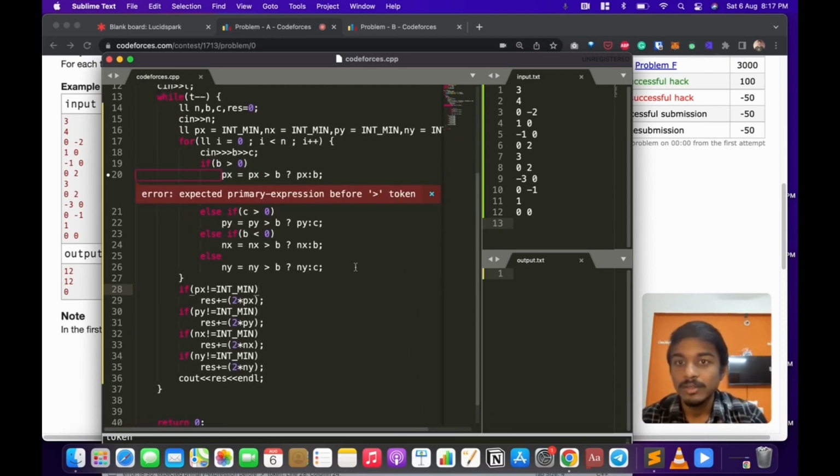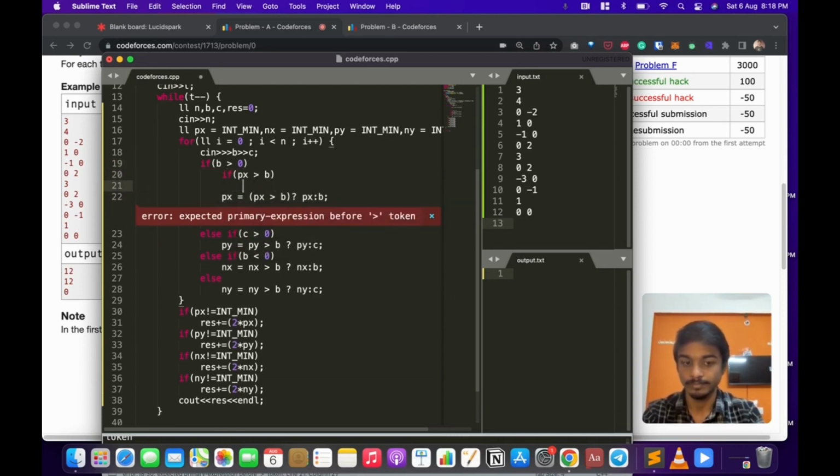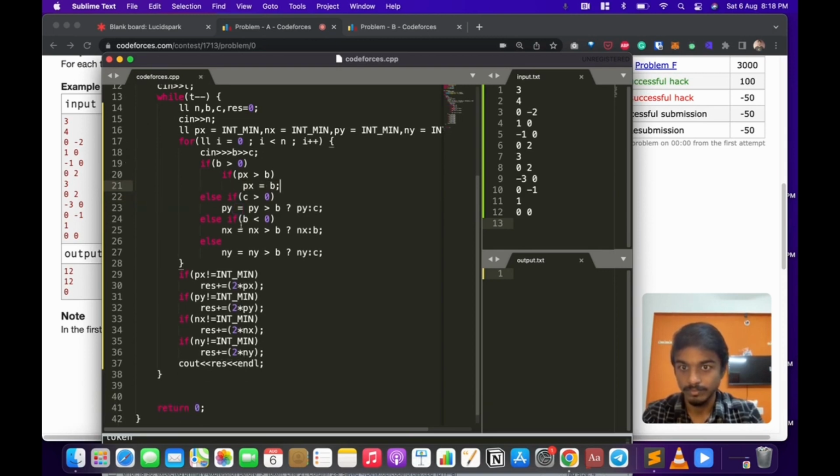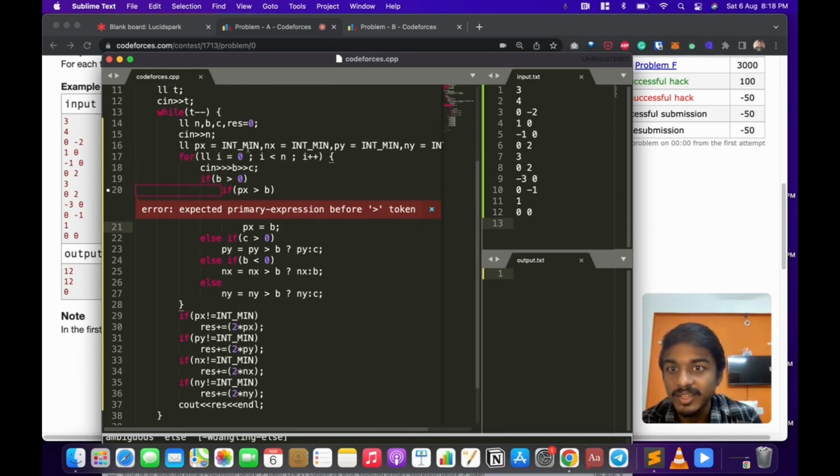What bracket is an issue? What is px? Int min.